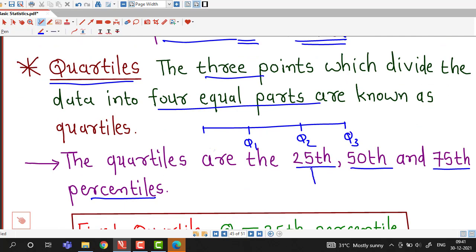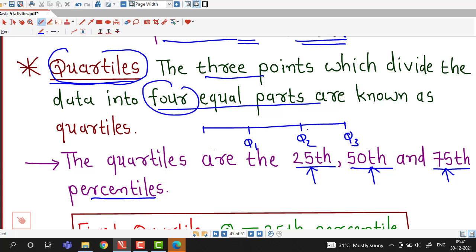These particular percentiles, number 25, 50 and 75, these 3 percentiles divide the data into 4 equal parts, therefore they are known as quartiles. So quartiles are those percentiles which divide the data into 4 equal parts.